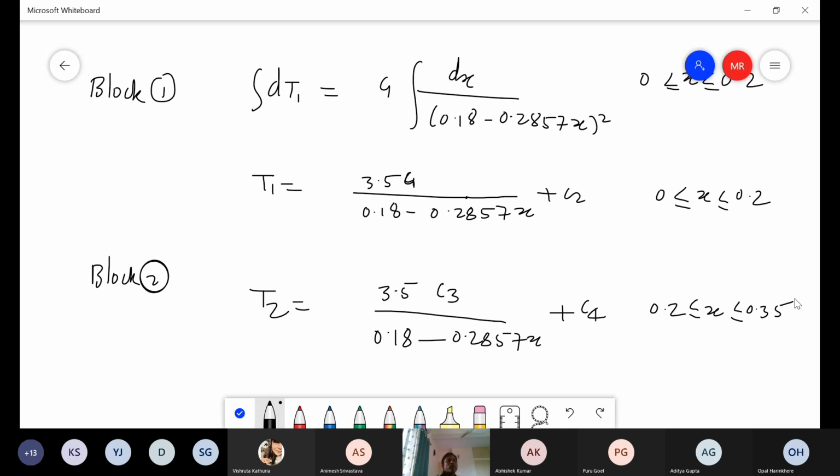We have to find out these constants by putting the boundary conditions. So let us look at the boundary conditions. So what are the boundary conditions here? So boundary conditions I am writing down again.